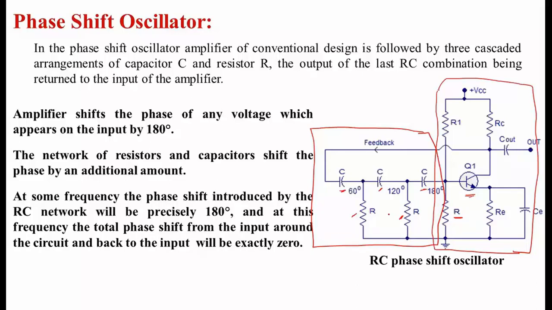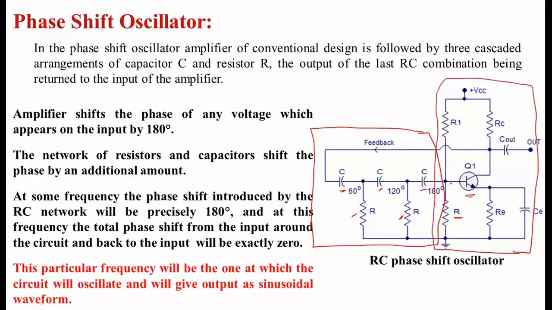For that frequency, we have a total of 360 degrees of phase shift, which means it acts as positive feedback in this oscillator. This is the frequency at which the circuit will oscillate and give a sinusoidal waveform output.